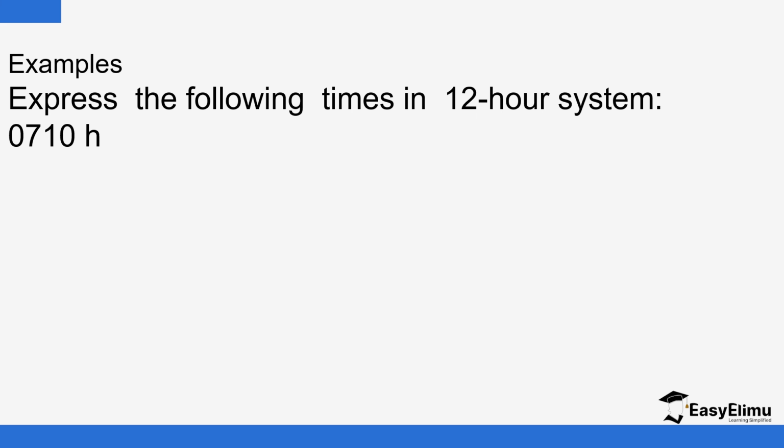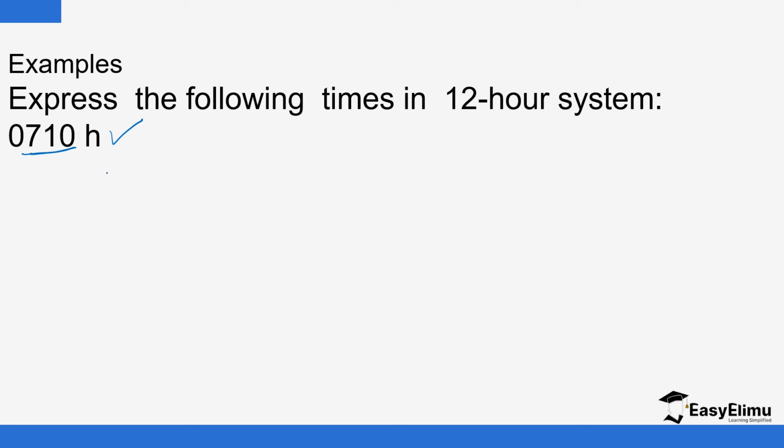So this one here, express the following times in the 12-hour system. This is 7 hours, 10 minutes from midnight. That means this time is still falling within the first half of the day, and therefore this one should be stated as AM.